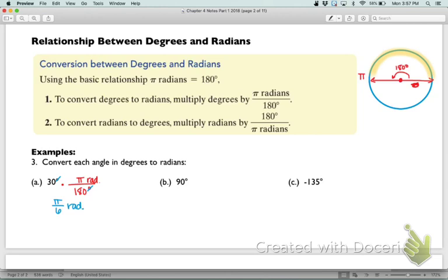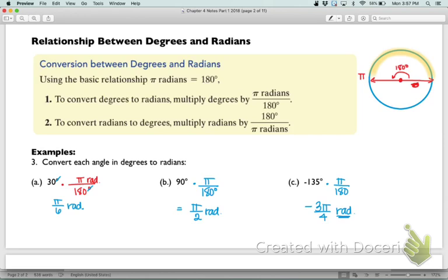Take a moment to try B and C and check your work. These are the answers you should get. It is worth noting, we've been writing radians on here just to emphasize that that's the unit we are in.